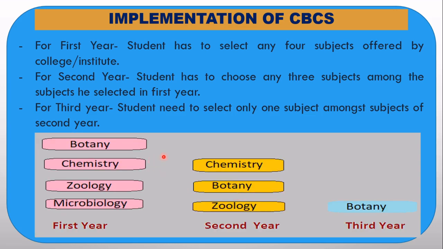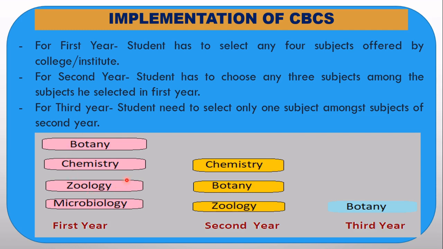So here you can see, if any student is taking admission for first year, he has to select any 4 subjects which are available in that college or institution. For example, a student has selected these 4 subjects: botany, chemistry, zoology and microbiology. He will complete his first year with these 4 subjects.